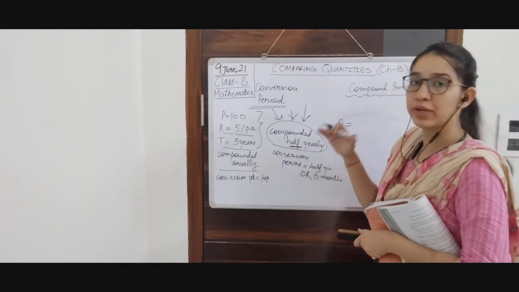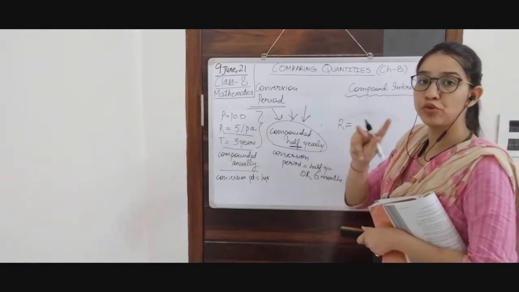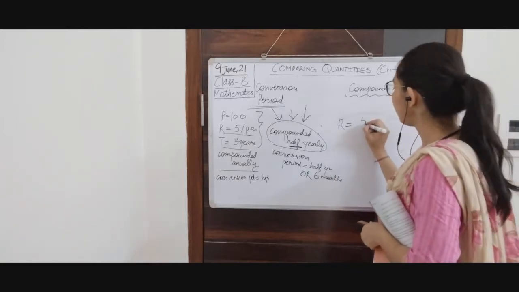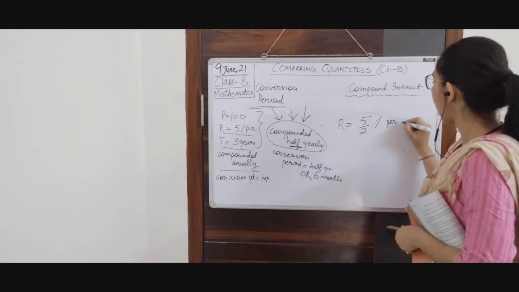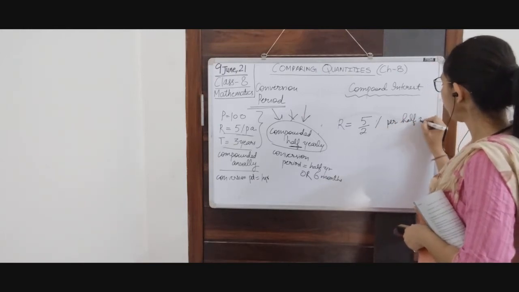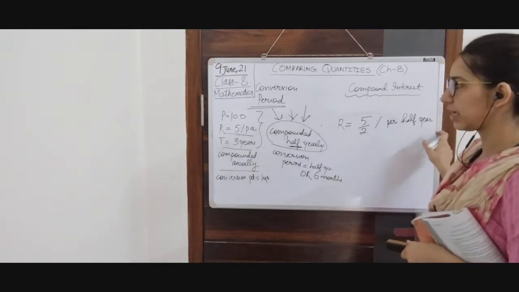If we have to calculate half yearly, we have to divide this rate into 2 parts. So your rate will be 5 divided by 2 per half year. Okay? We made changes in R.